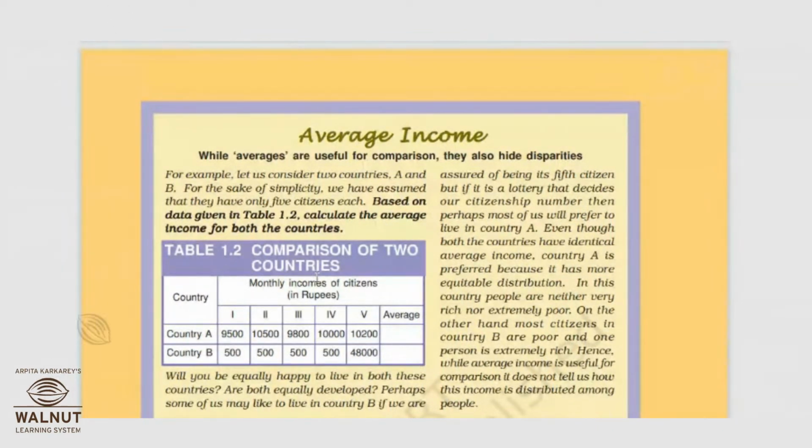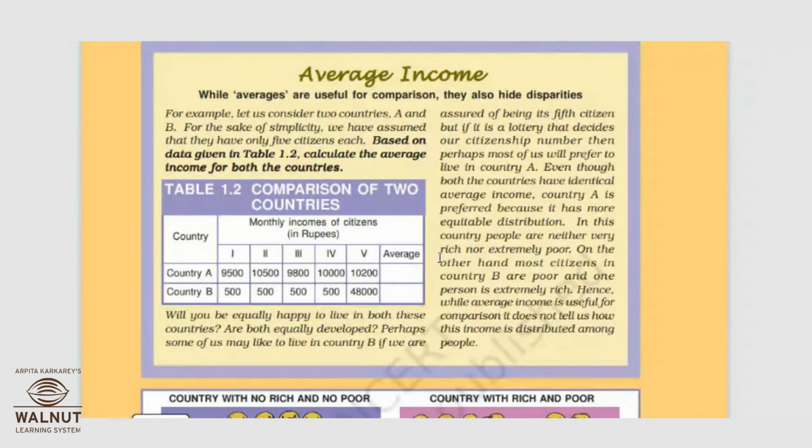Let's say we conclude that the average marks scored by the students in this class is 35. Let's take that for an example. Does that mean that everyone in that class has got 35 marks? No. It means that there are students who have scored even less than that, and there are students who have scored even more than that.